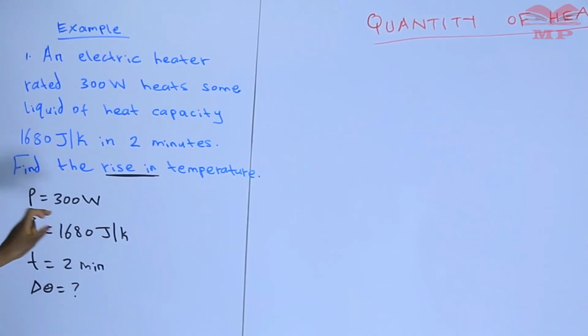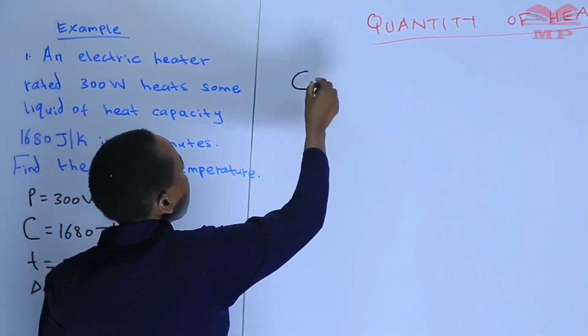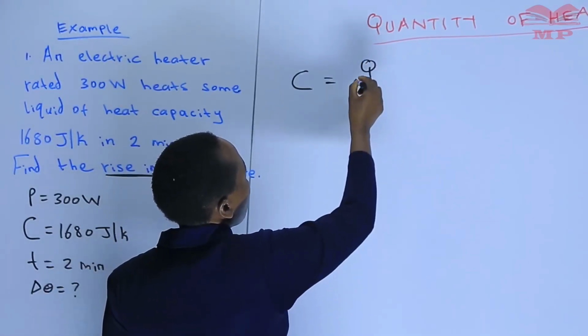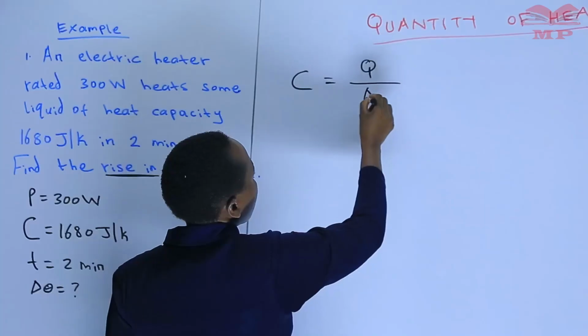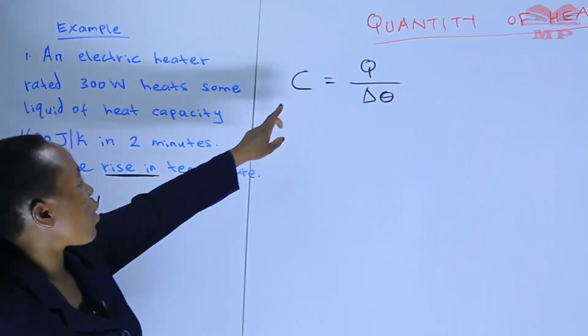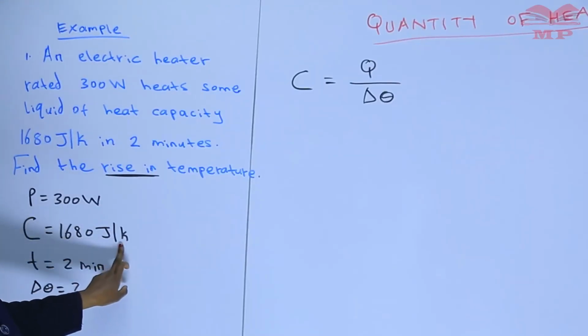So in this question, we need to remember what we have said about the heat capacity. We have seen that heat capacity will be given by the quantity of heat, or the amount of heat, divided by the change in temperature. Now, in this question, we have been given the heat capacity. It's here in its SI unit.